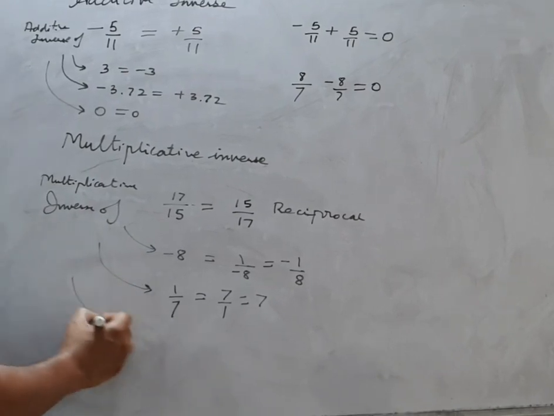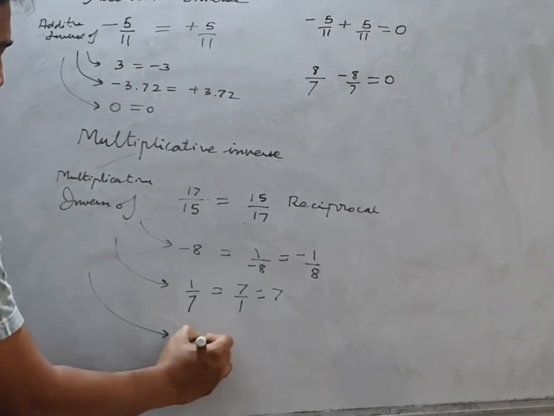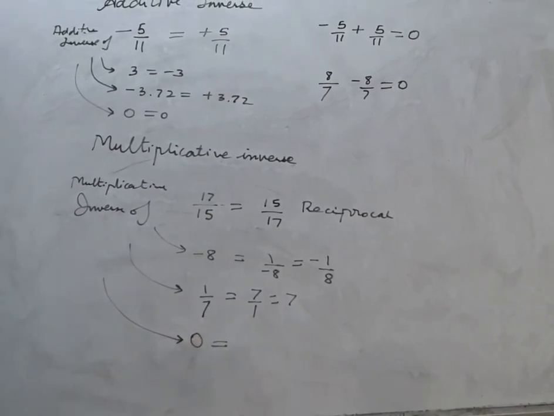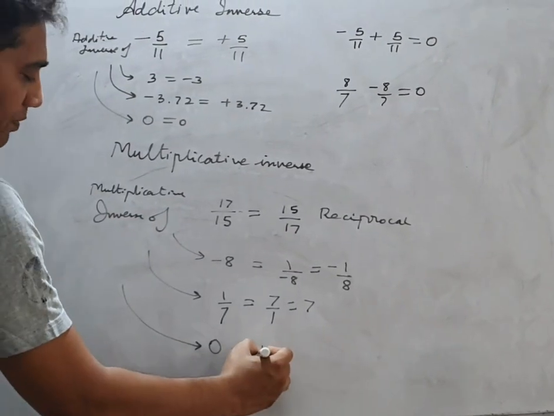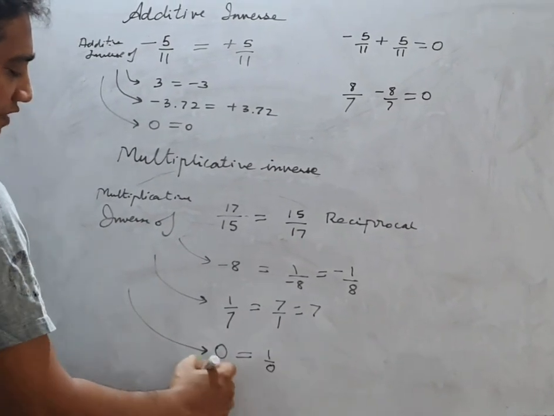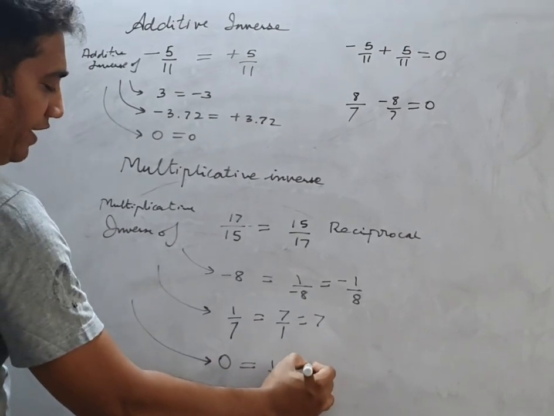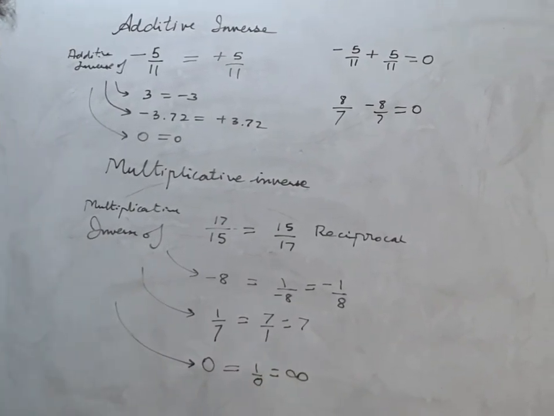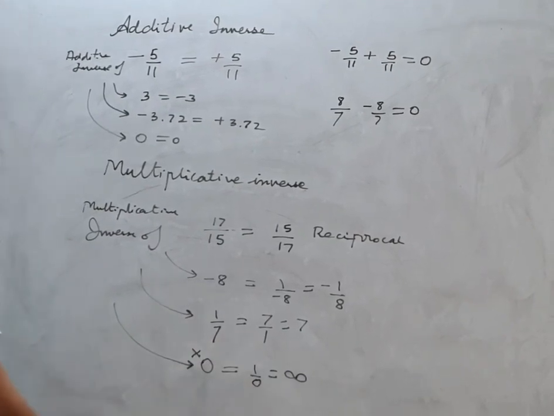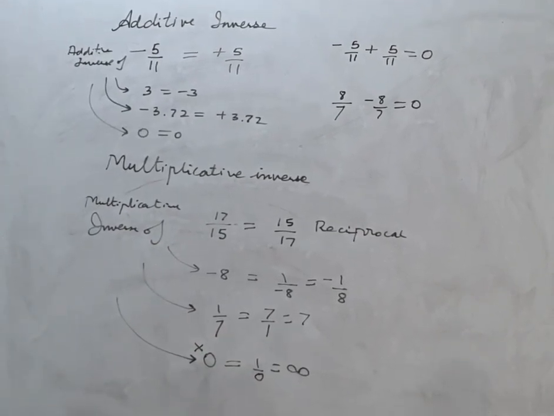Further on, the multiplicative inverse of 0 does not exist, because it becomes 1 upon 0, which is undefined or infinity. It's a forever loop. Hence, nobody goes for the multiplicative inverse of 0.